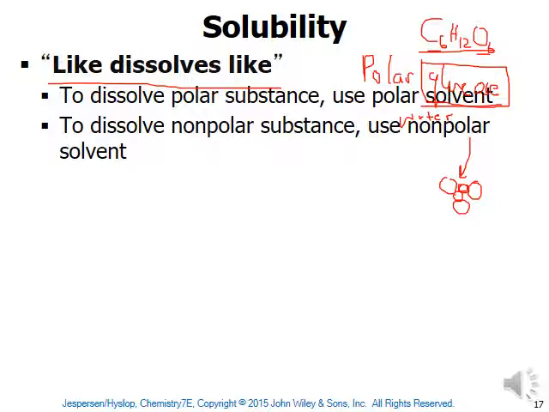When you put glucose in the water, it just automatically attracts and gets stuck into the water. But the key thing here is polar dissolves polar, nonpolar dissolves nonpolar. But you can get the other thing, and it does not dissolve. Things that aren't alike won't dissolve, like polar won't dissolve nonpolar.